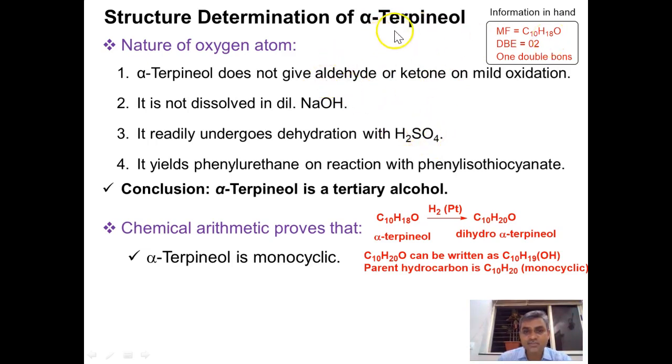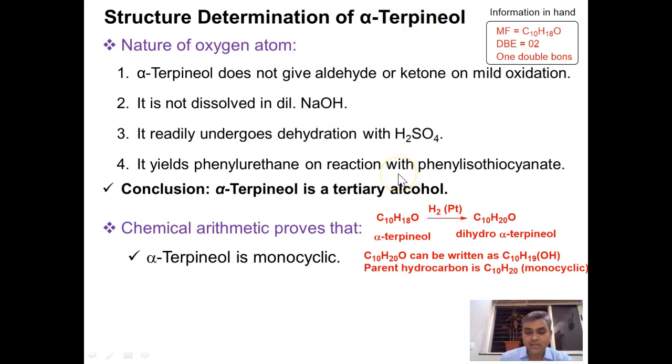And if it is a tertiary alcohol, then it will not dissolve in dilute NaOH. If it dissolved in dilute NaOH, there would be a chance of a phenolic substrate, but here it is not responding to dilute NaOH; it is not dissolved in dilute NaOH. Therefore again we may assume that alpha terpineol is a tertiary alcohol.